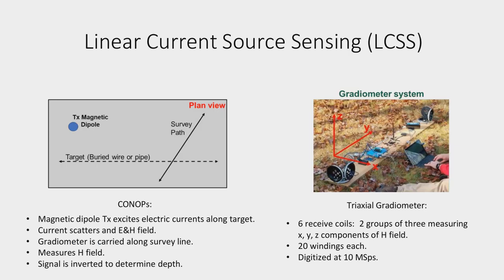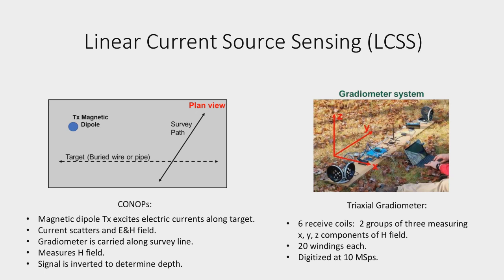And we have built this prototype system, which is based on gradiometers. It measures the vector magnetic field. The difference between the traditional and linear current sensing technology is that in linear current sensing, we use the electric field as the excitation and then receive the magnetic field.